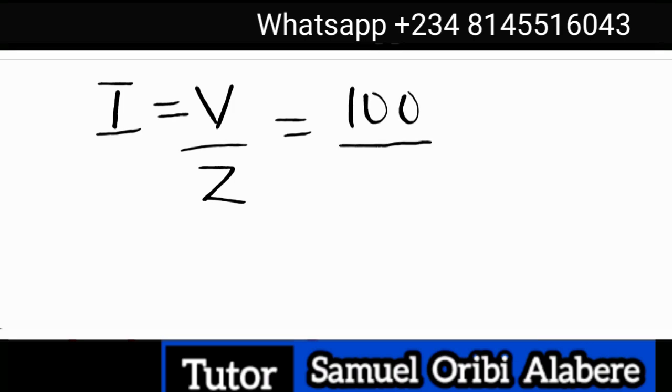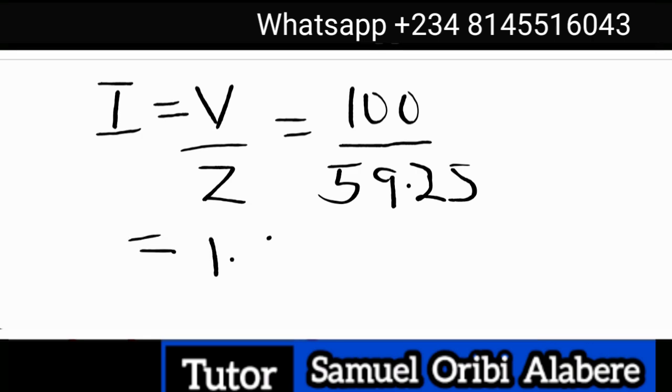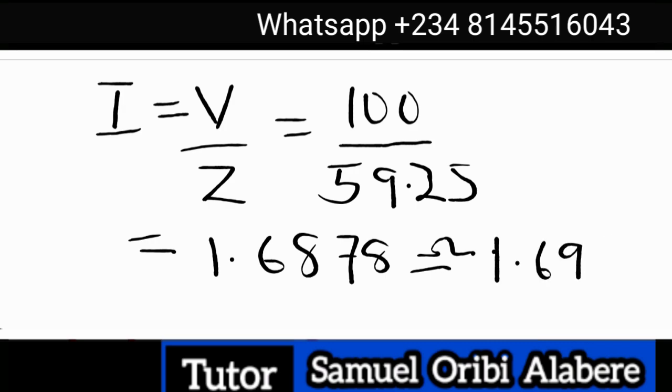Now apply the change of subject formula. The current will be equal to V all over Z. From our question, the voltage of the circuit, which is V, is equal to 100, which will give us 100 all over the impedance of the circuit, which we have solved to be 59.26. So when we divide 100 by 59.26, it will be equal to 1.6878, which is approximately 1.69 ampere.